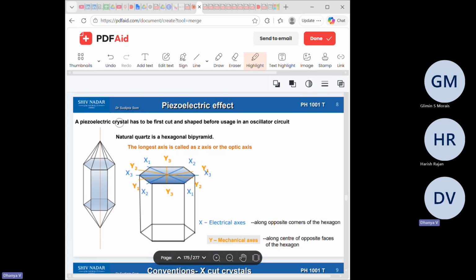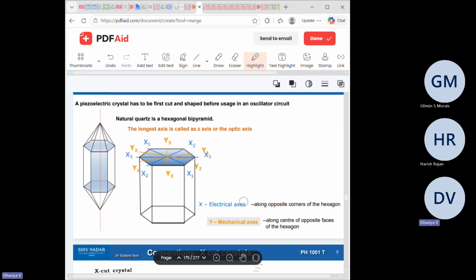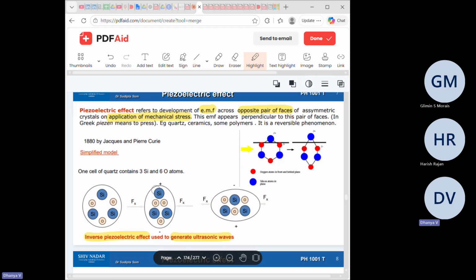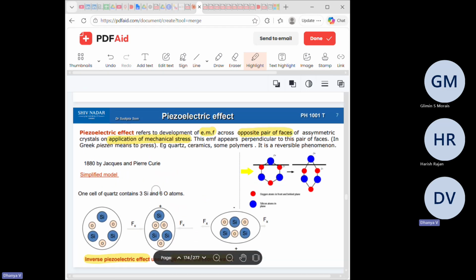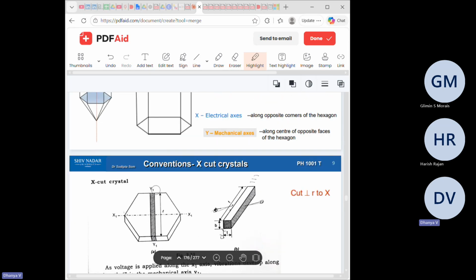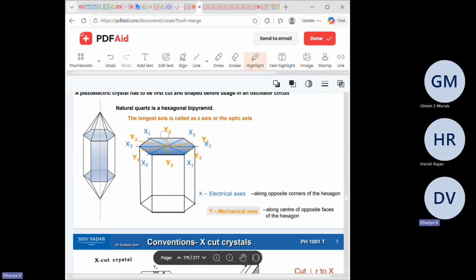Okay. A piezoelectric crystal has to be first cut and shaped before usage. The natural quartz is hexagonal bipyramidal. After you explain what the piezoelectric effect is, this is also something they could expect as one of your questions. You just need to know what X cut and Y cut are.